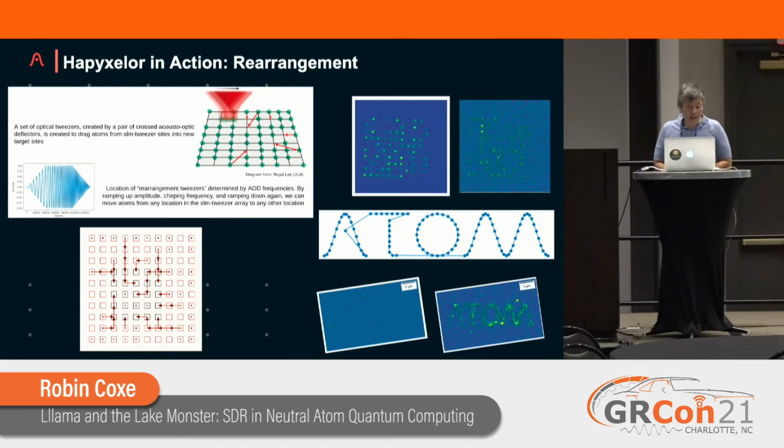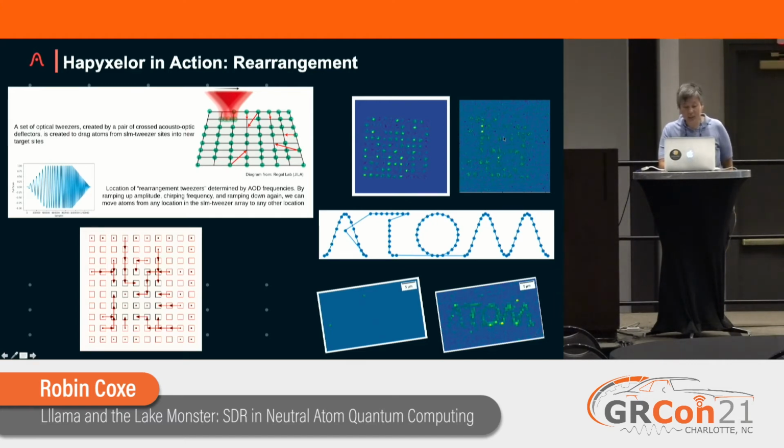So here is Hapyxelor in action. I mentioned that we can actually pick up atoms from outside the region of interest and move them to fully populate the array. It looks like the animation's not working, but what this bottom animation is showing is a single atom that's being dragged across the field of view of the camera by these ramped RF pulses coming out of Hapyxelor and spelling out the word atom.